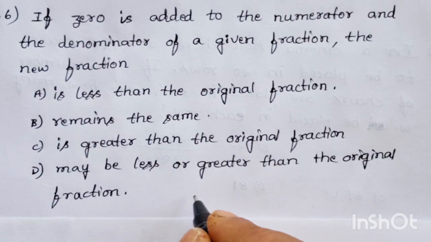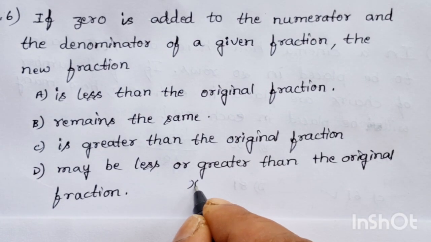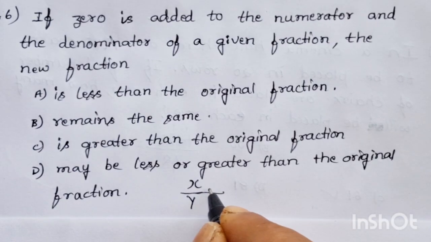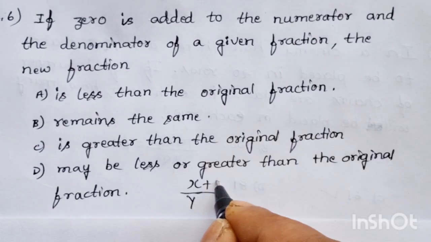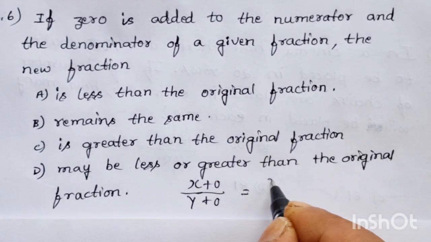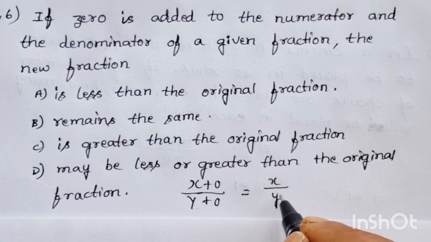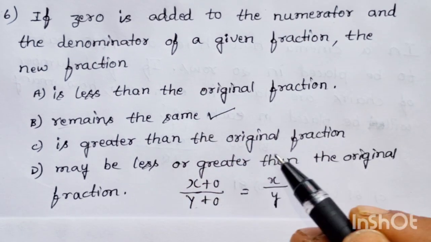So let us take a fraction as x over y, and let us add 0 to both numerator and denominator. x plus 0, y plus 0. x plus 0 is x and y plus 0 is y. So the fraction remains the same. Correct option B, remains the same.